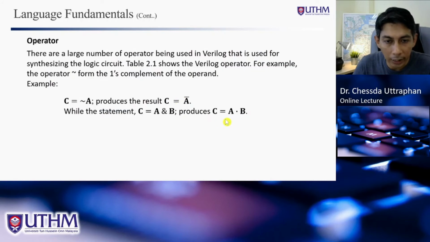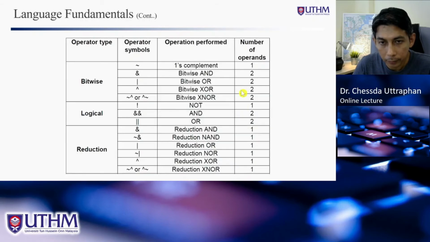But if you use AND, the number of operands must be 2. See, we have 2, right? If you use OR, the number of operands must be 2 also. XOR must be 2. XNOR also must be 2.